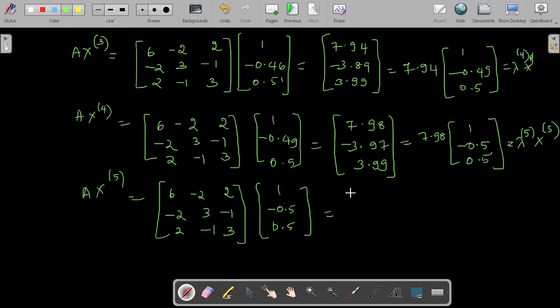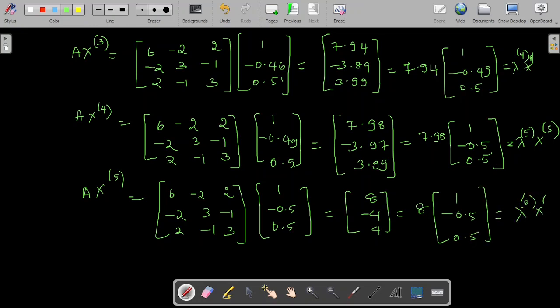This gives you 8, minus 4, 4. You get the exact approximation here. When you take 8 common, because that is the largest, you get 1, minus 0.5 and 0.5. So this is the sixth approximation. You can stop here because you got almost the same eigenvector, and 7.9894 is rounded off to 8, and here you got the exact value 8.